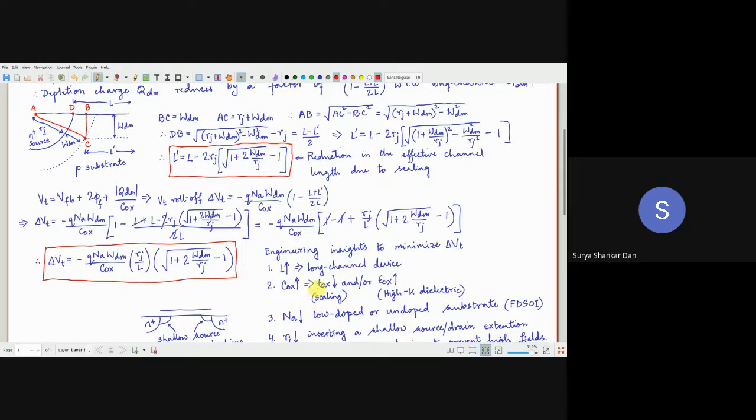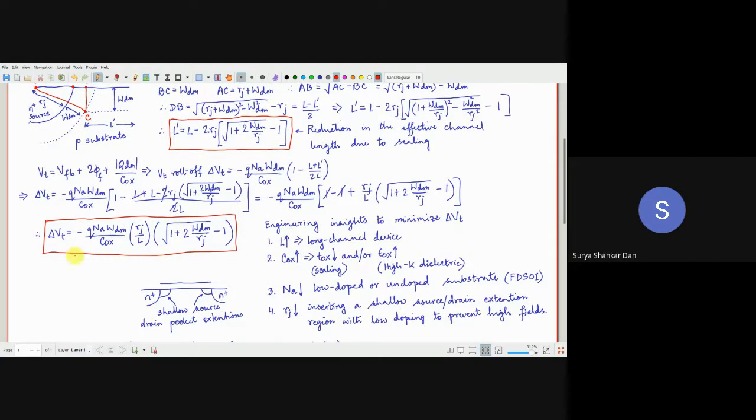Now notice that if you want to reduce delta VT, you cannot reduce Q. Q is a constant. NA can be reduced. So how can you reduce NA? That means you can use a low doped or undoped substrate. That brings us to the next topic, which we will follow up in our next few classes, FDSOI, fully depleted SOI structures.